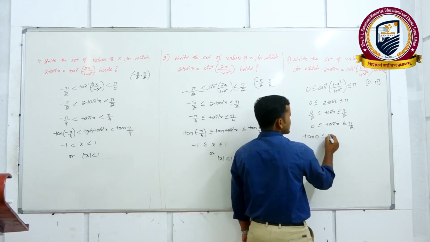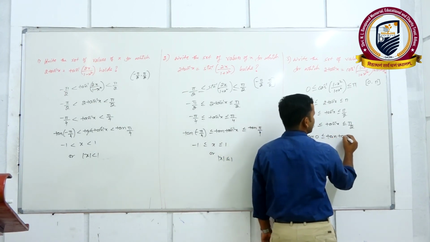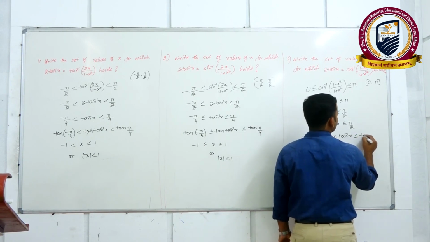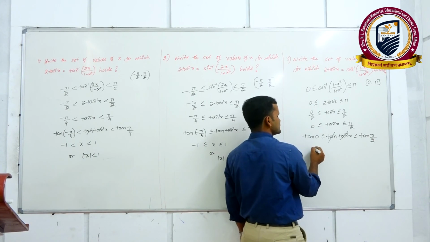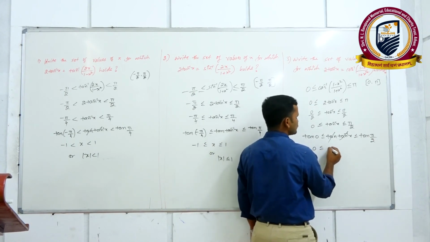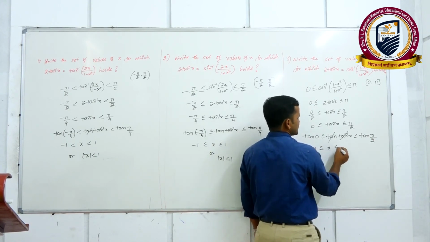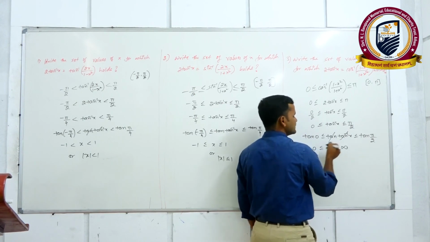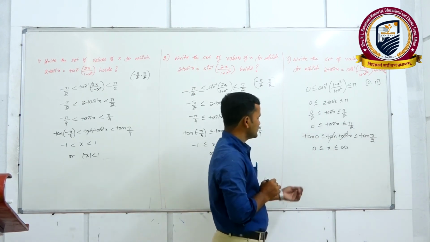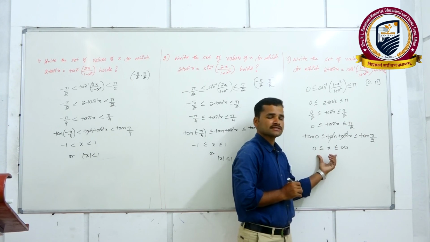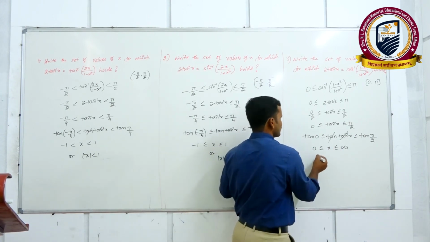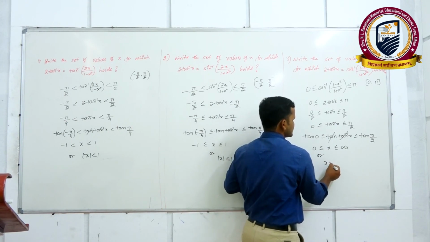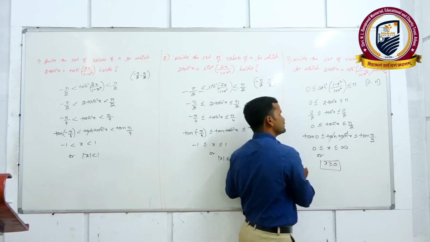Tan 0 less than or equal to tan of tan inverse of x less than or equal to tan pi by 2. Tan inverse gets cancelled here. Tan 0 value is 0, less than or equal to x less than or equal to tan 90, whose value is infinity. Means x is taking the values 0 to infinity, all positive real numbers, or this can also be written as x is greater than or equal to 0.